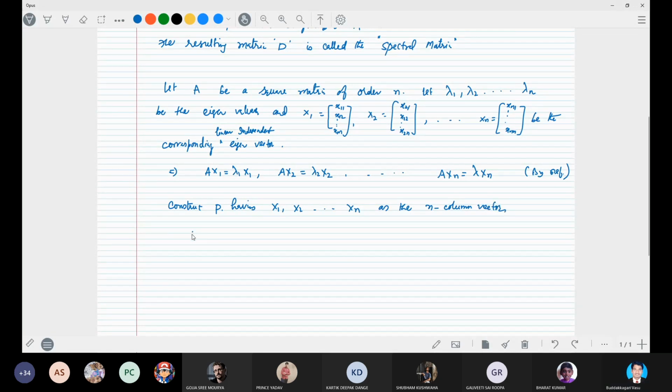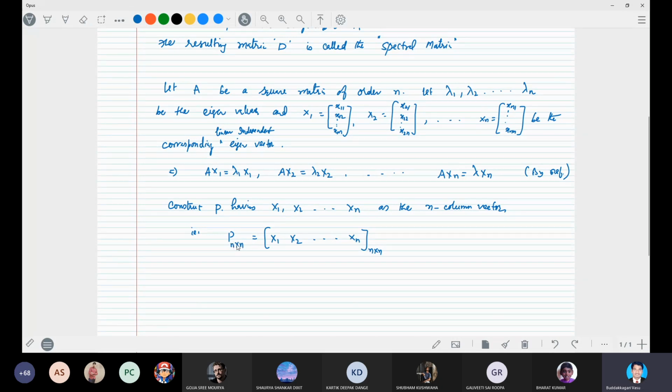That is, P will be x1, x2, and so on xn. Each vector acts as one column. In each column, how many elements are there? n elements. And in each row, how many vectors are there? n vectors. So what will be its order? P will be of order n by n.